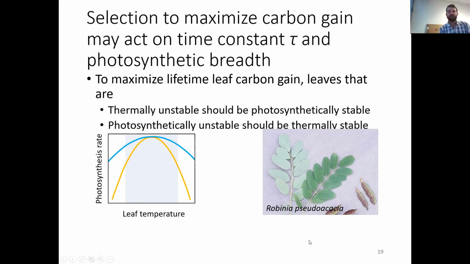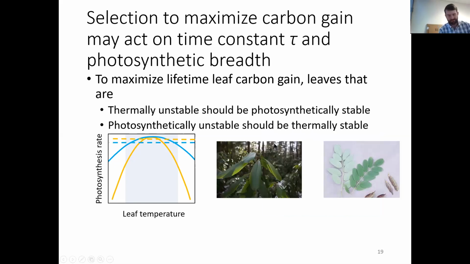Okay, so it's not only the thermal traits of the leaf that control temperature that can be under selection, but also the biochemistry of photosynthesis could be under selection. And if that were the case, both of these leaves then could be photosynthesizing at more or less maximum rates.